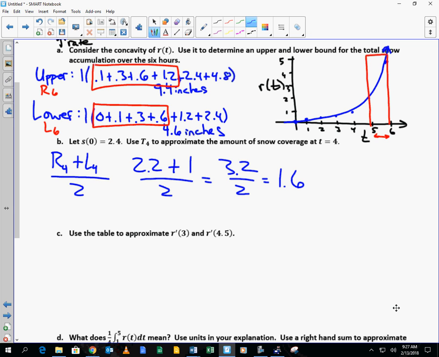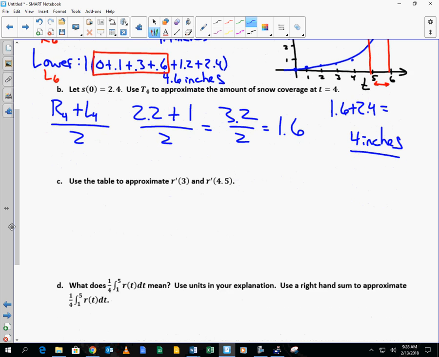You get 1.6, you say you're done, but you have to add to that your starting, which is going to give you 4 inches. There's 4 inches of snow coverage on the ground. Okay, the width is only 1. So let me write it out one more time, okay?